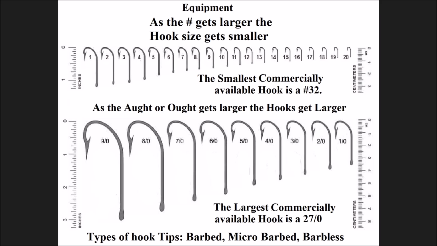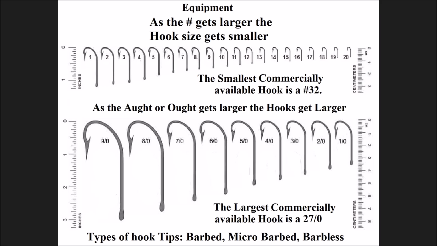Most of my fishing is around the 8 to 12 range, normally 8 to 10, sometimes an 11. But if I'm going for much smaller coarse fish and so on, I went all the way down to a 26.